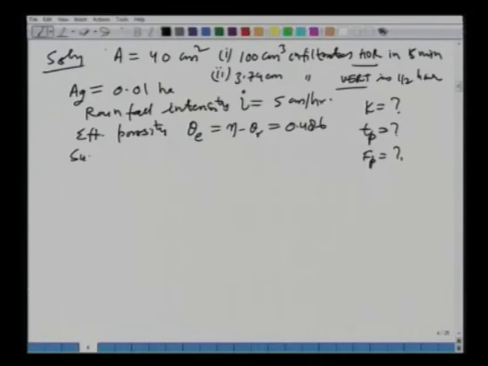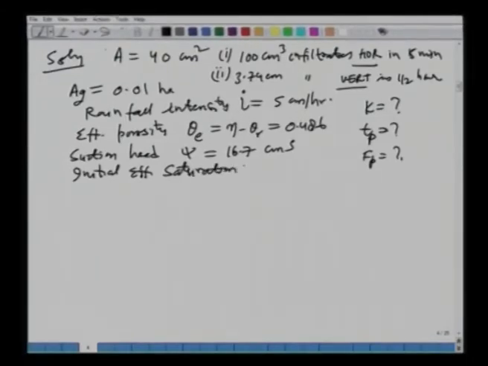The suction head psi is 16.7 centimeters, and the initial effective saturation of the soil, which is denoted by SE, is given to us as 30%, or as a fraction 0.30. So, as I said, we will use the Phillips equation with all this data. First, we will look at the horizontal case.